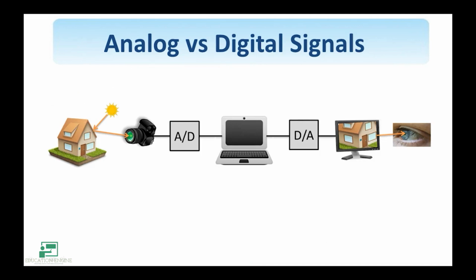A similar situation to the previous one is depicted by this block diagram that shows the generation, recording, processing, and sensing of an image. So electromagnetic energy in the visible part of the spectrum is leaving the sun, reflected by the object, travels through the air, and reaches here a sensor, a transducer, which is an analog camera that through photochemistry converts light energy into chemical changes on the film.